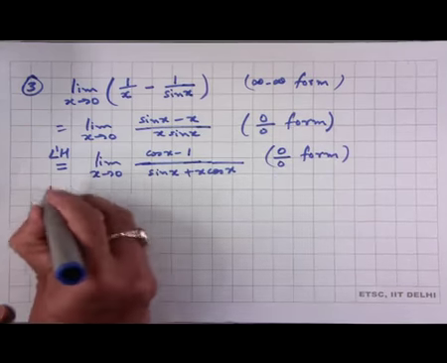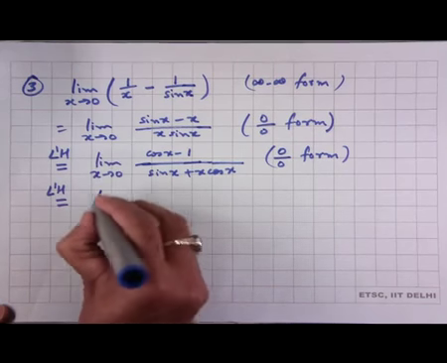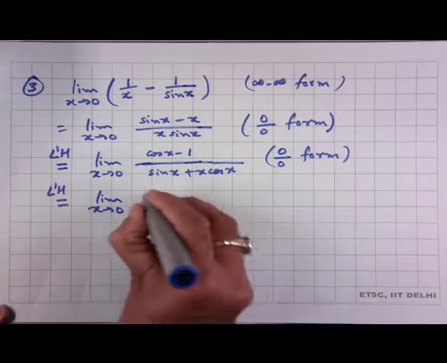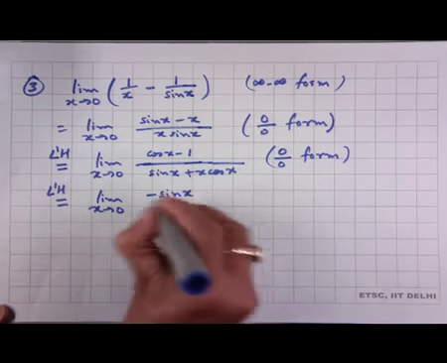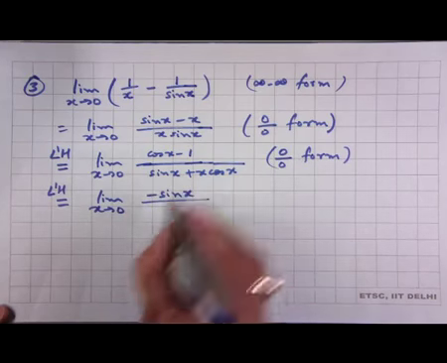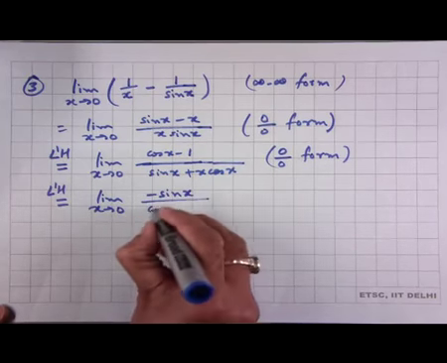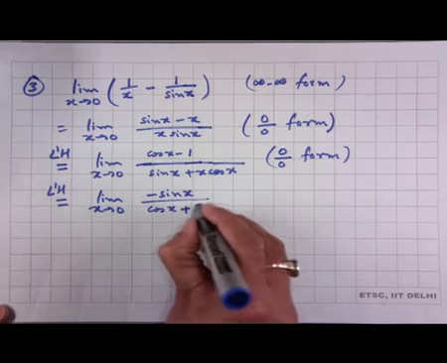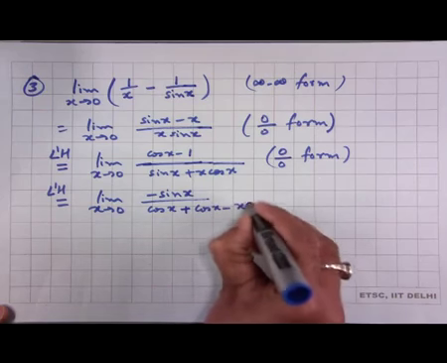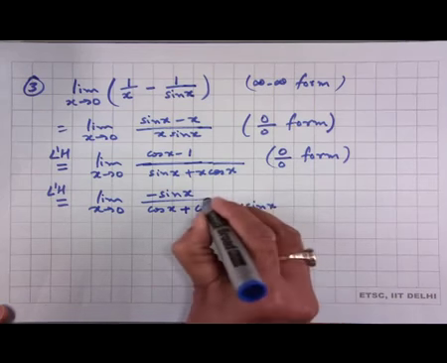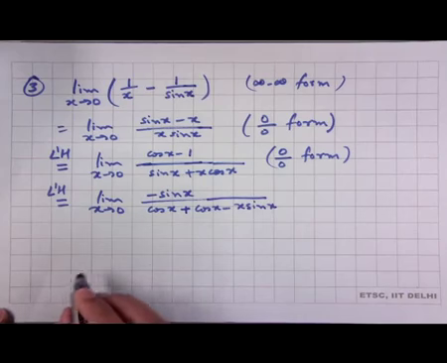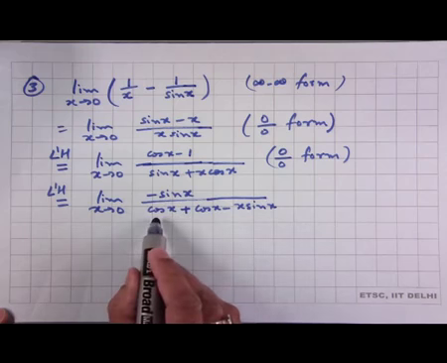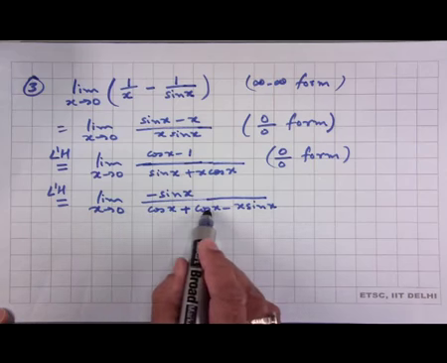So, let us try to apply L'Hopital's rule again. If we take the derivative again, we get the derivative of cos x, which is minus sin x, divided by the derivative of the denominator: the derivative of sin x is cos x, and x cos x will give plus cos x minus x sin x. Now, if we put x equal to 0, sin 0 is 0, but in the denominator we have cos 0 plus cos 0.